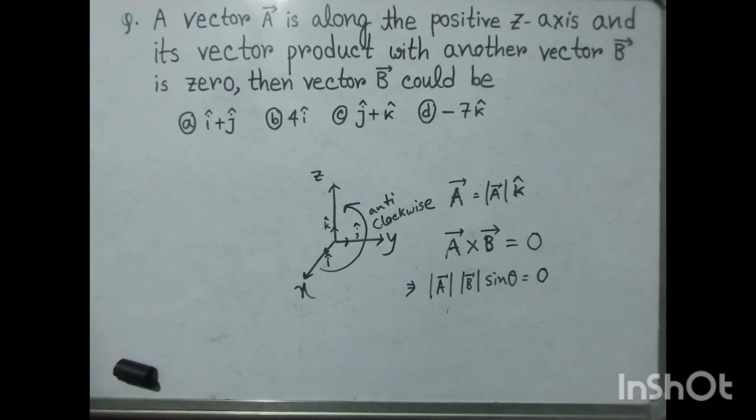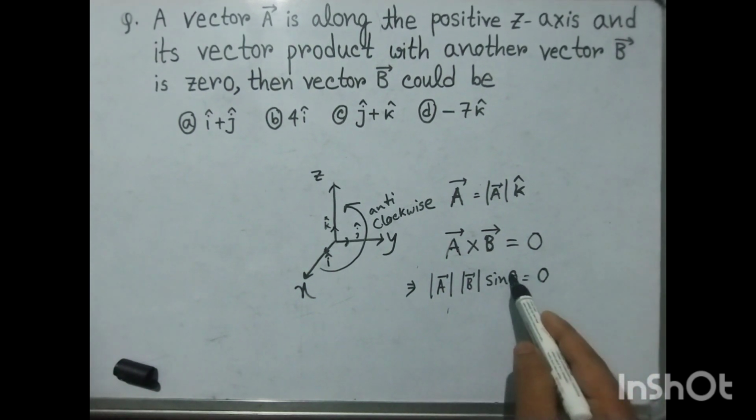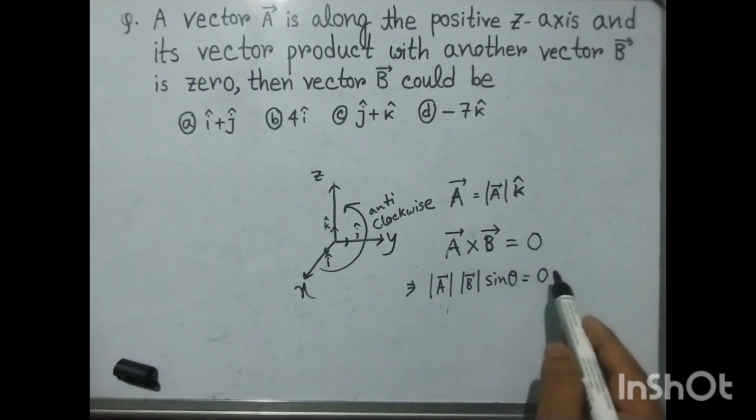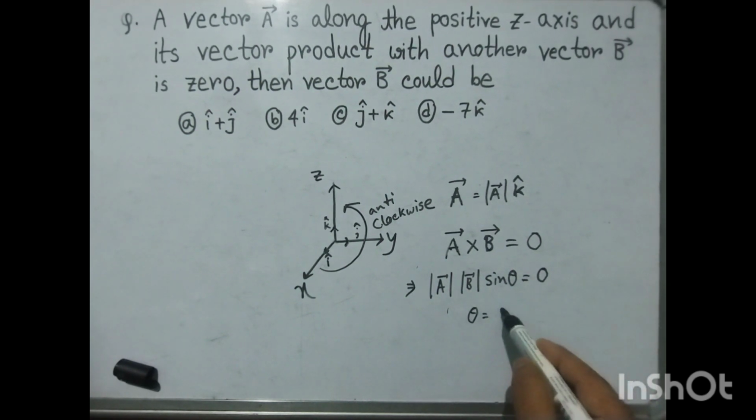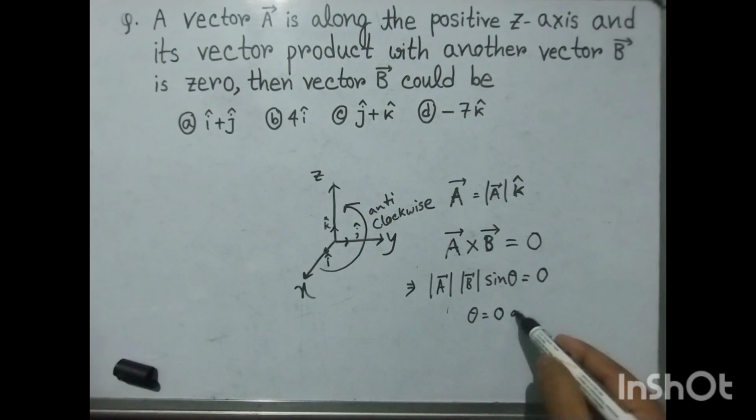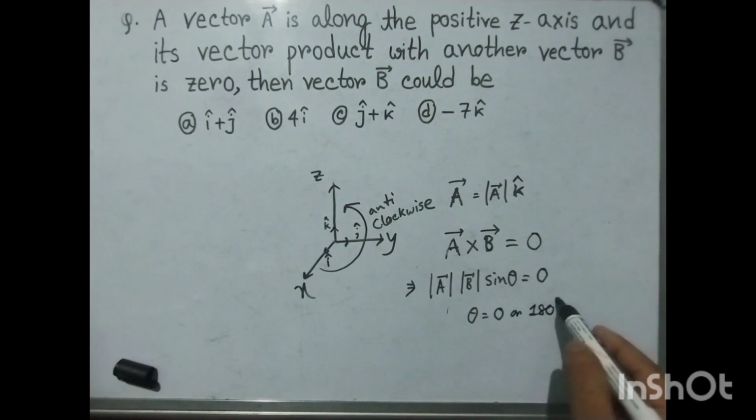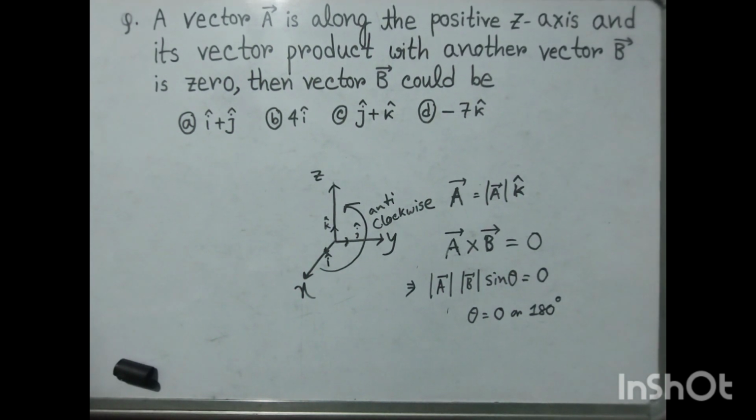And we know that if this is the condition given, then to be 0, this theta must be 0 or 180 degrees. So from this we can say a vector and b vector must be parallel.